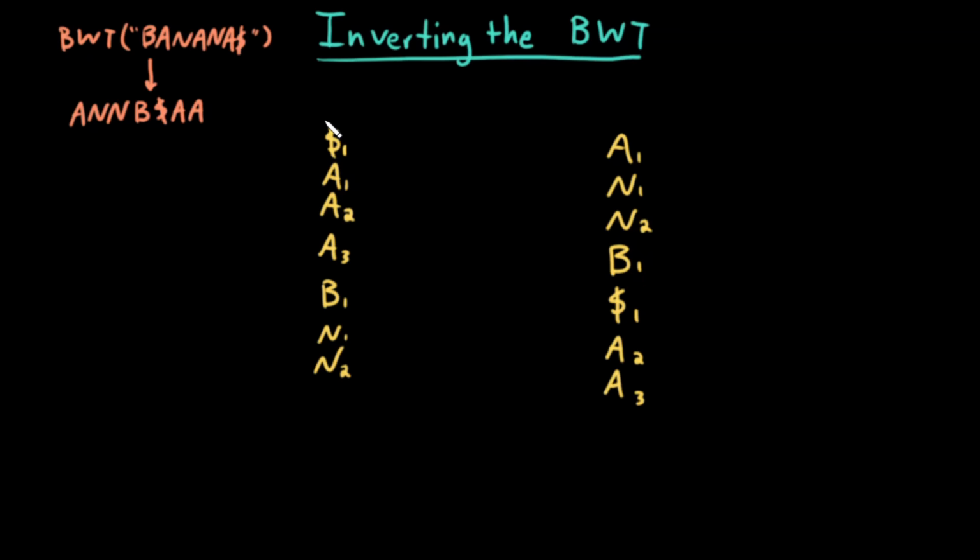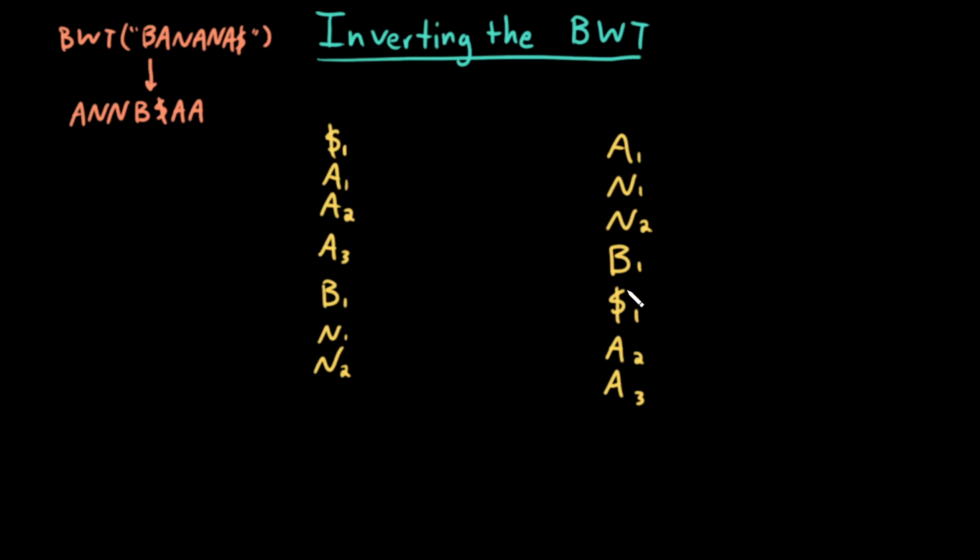The proof for this I won't do in this video, but you can read the original Burrows-Wheeler transform paper if you'd like. But using this feature, how can we reconstruct the original string? So remember that we can think of the rightmost column being the character just before what's in the leftmost column.